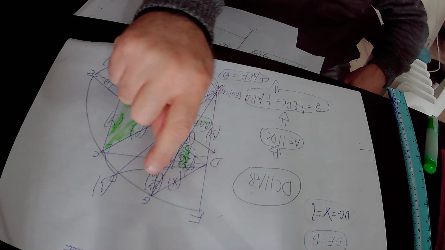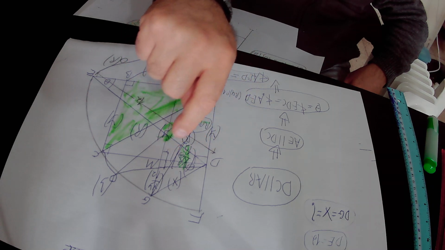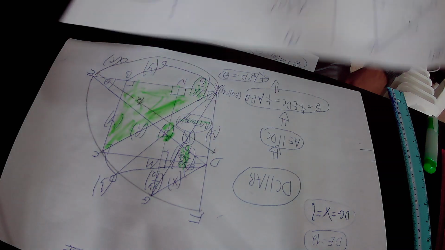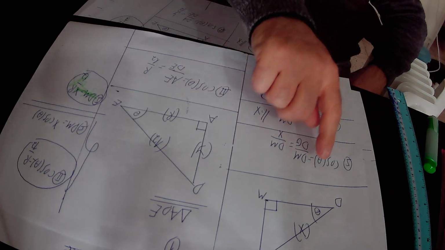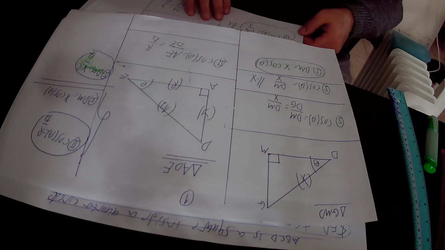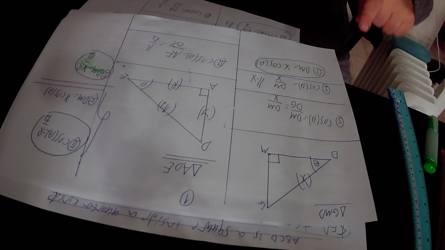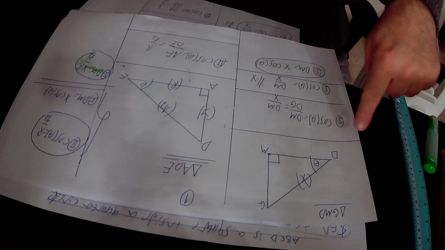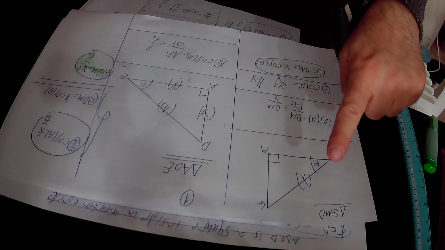So I copy this triangle DGM to a new page and we analyze this right triangle. This is the right triangle DGM as a copy from the original drawing. In this right triangle DGM, it is very easy to see that cosine theta equals DM over DG.